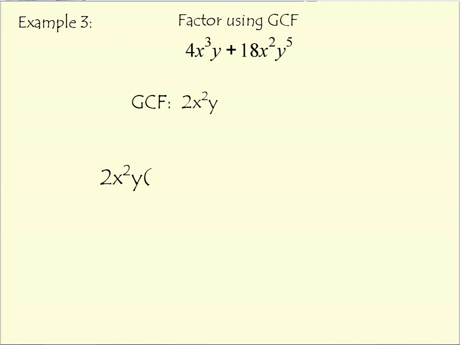So now in parentheses, I need to write down what's left over. If I divide this first term, 4x to the third y, by 2, take out 2 of the x's and 1 y, what am I going to be left with? I'm only going to be left with a 2 and 1 x. How about the second term? If I divide 18 by 2, take away 2 of the x's and 1 of the y's, what am I going to be left with? 18 divided by 2 gives me 9.